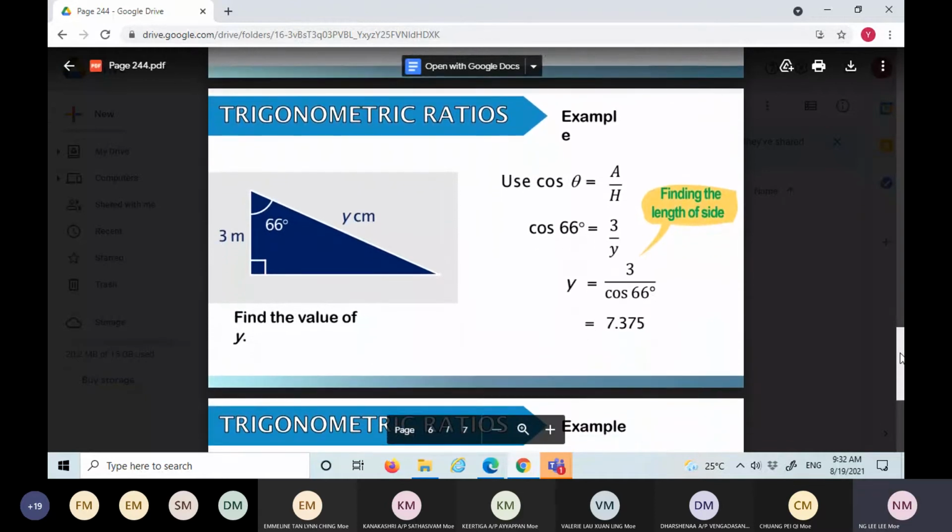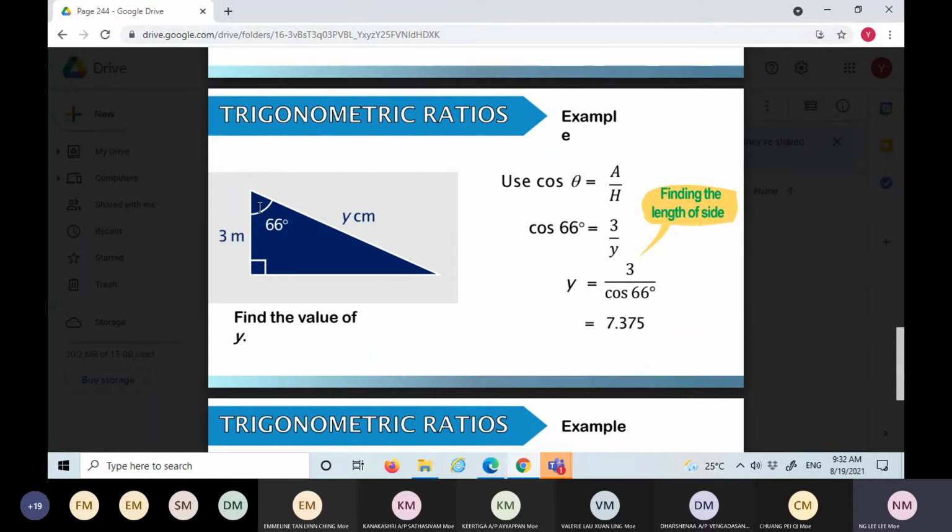The other example. Here is the angle, 66 is here. What you want to find is the y, which is the hypotenuse. The side opposite the angle 66 is this one, so the 3 meter here is the adjacent.